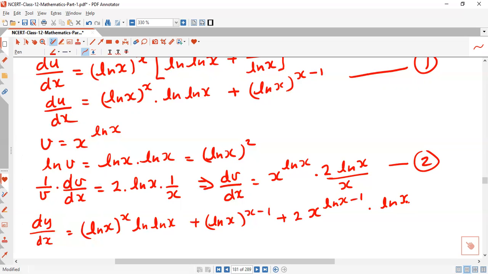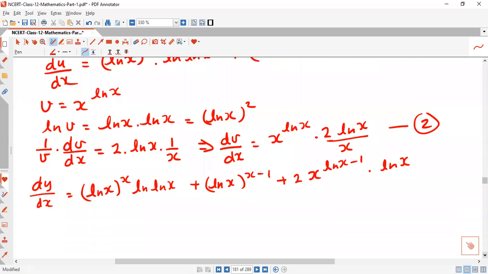You may say there are so many log x terms in this question. So I may combine some terms or may leave it here with no problems, because log x raised to x terms are there. Let me combine the terms better. So dy by dx: log x raised to x minus 1, I take common.